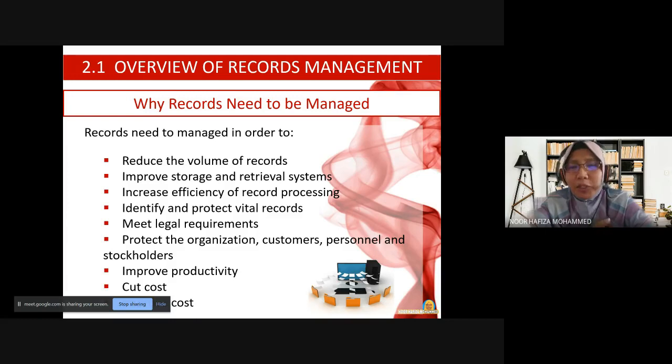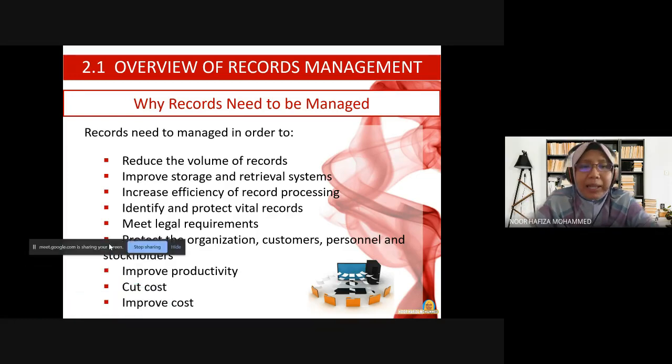This is especially important for customers, such as in banking services and universities. Yes, you need to protect the records of your customers. And records also need to be managed to improve productivity and cut costs.